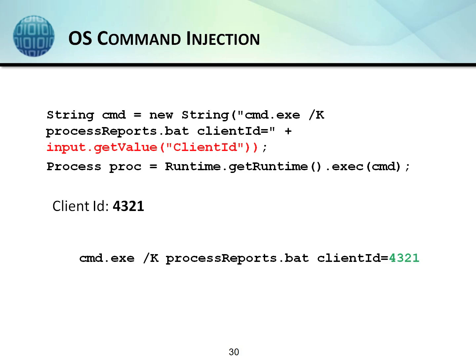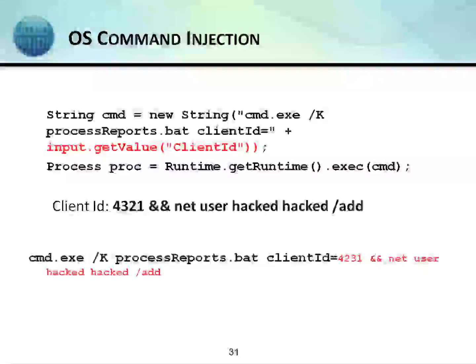So the attacker can influence the client ID value and maybe inject in some shell meta characters. And basically here, it's a Windows system, we're using the double ampersand, appending our own command here, which is net user. We're adding a user called hack with a password hack. So we just added a user account to the machine running this code.